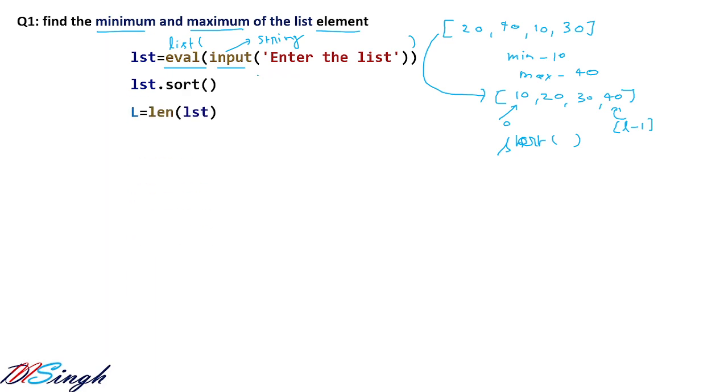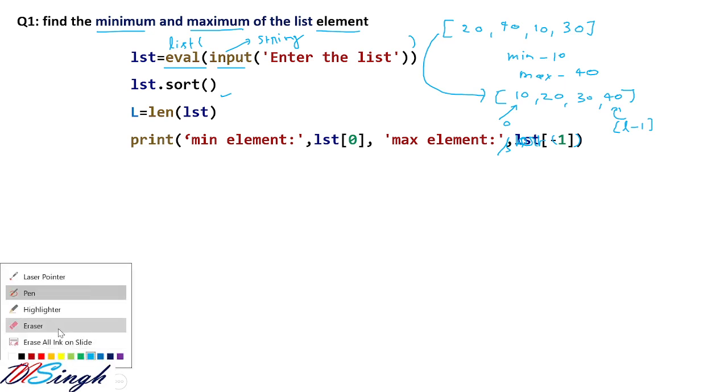Next, we are going to sort the list also, so this list is going to be sorted. Now we know at index 0 is the smallest, and index L minus 1 is the last index.